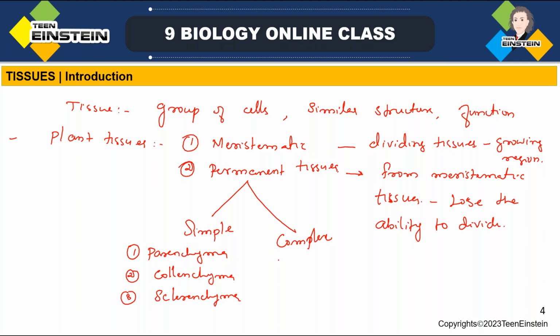And complex permanent tissues are also of two types, xylem and phloem. These are the examples of complex permanent tissues. These are the main things which we have learned about plant tissues, right?